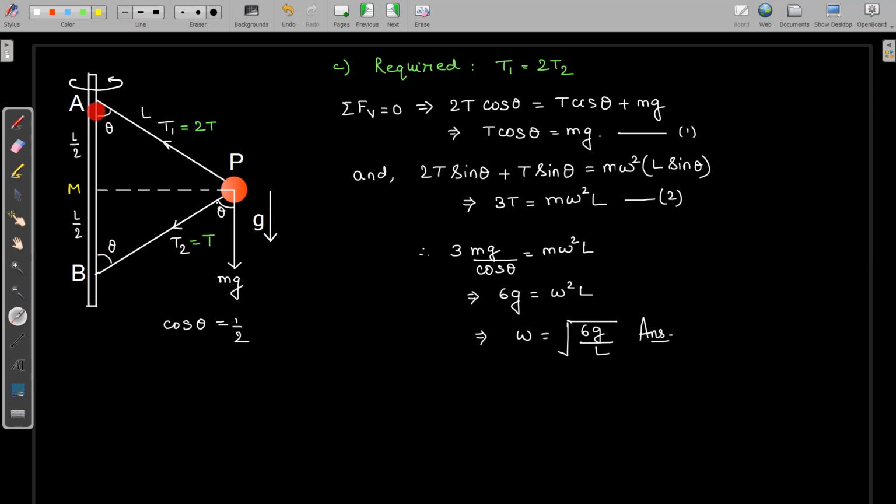So from this triangle AMP, I can say that the value of cos theta is half. So if I replace the value of cos theta as half in this expression, I'll get the value of omega to be under root of 6g by L. So for this particular value of omega, tension in string BP will be T and the tension in string AP will be twice of that in the lower string.